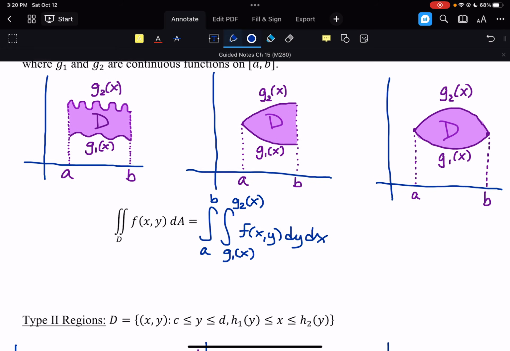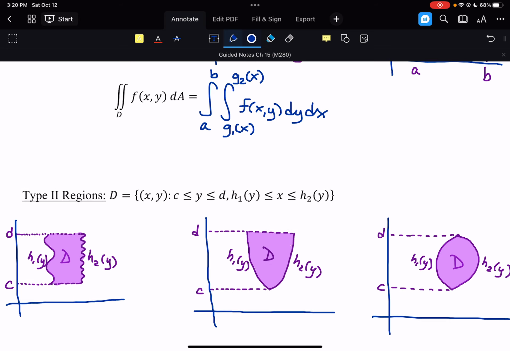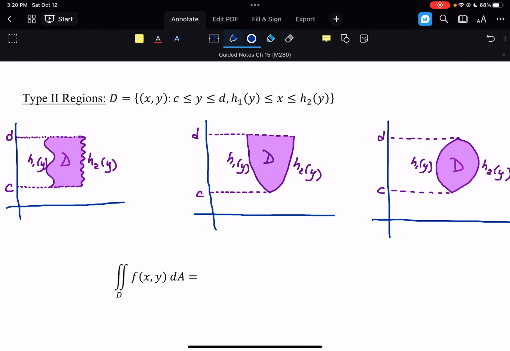For a type 2 region, you can see it's the same idea, except in a type 2 region, x is between two functions of y. So we're going between two functions of y horizontally. So a type 2 region is going to involve horizontal integration.